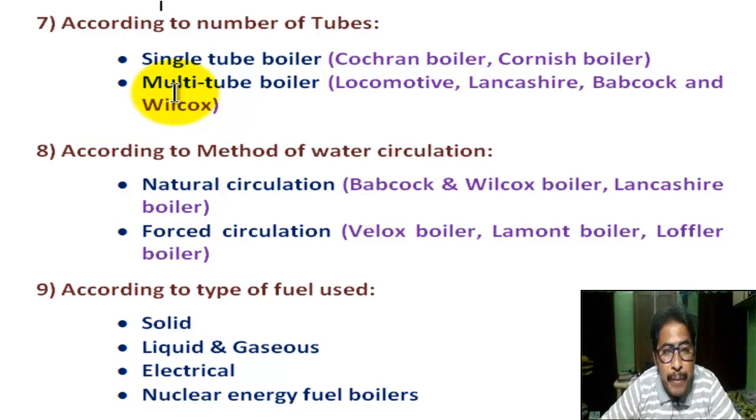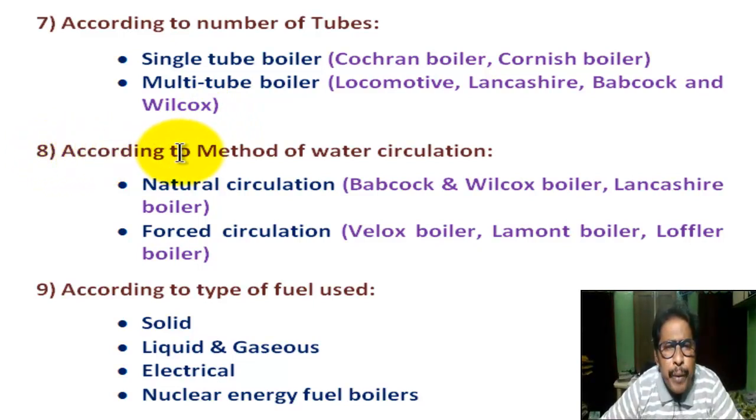The boiler having two or more fire tubes or water tubes is called multi-tube boiler. Example, locomotive boiler, Lancashire boiler, Babcock and Wilcox boiler.